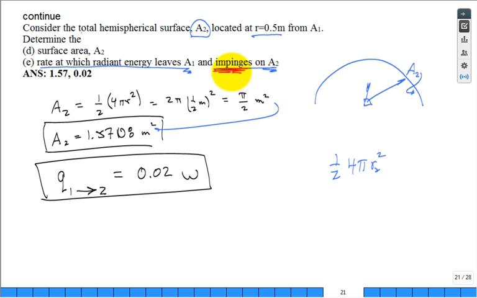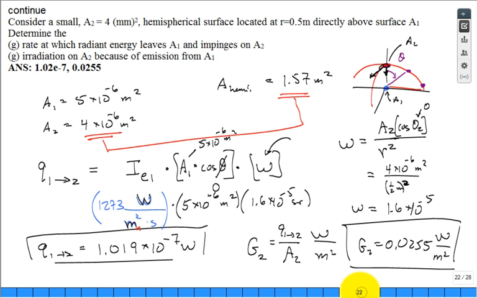But at least we know it got to the surface of A2. So everything that leaves A1 is going to get to A2. It's not like it can curve and go through a hole. Photons go in straight lines.